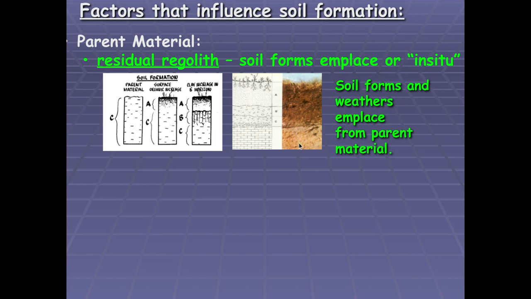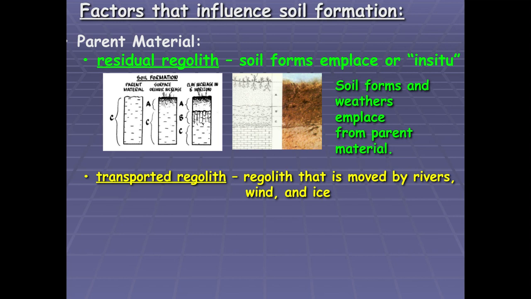And then here on the right side of the diagram, you can see the various horizons. So if the parent material then is residual, the opposite of a residual soil could be a transported regolith. This is regolith that is moved typically by some type of transportation mechanism, in this case, rivers, wind, and ice.